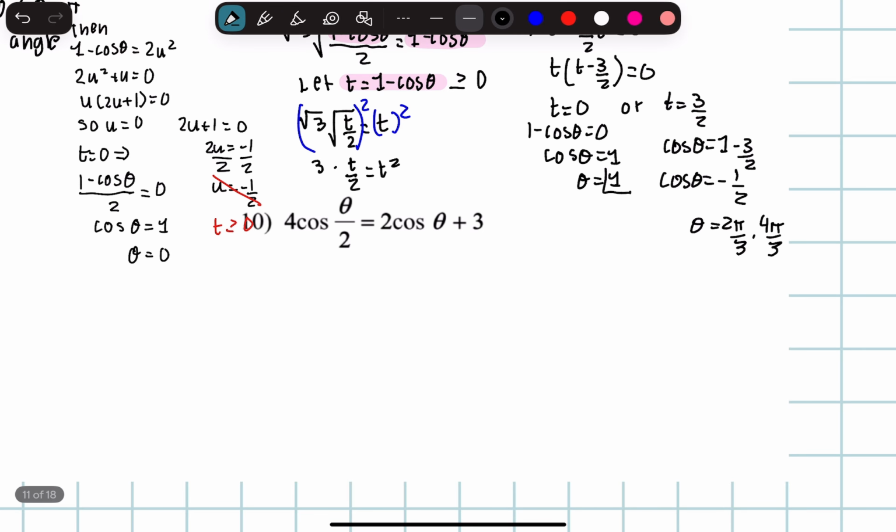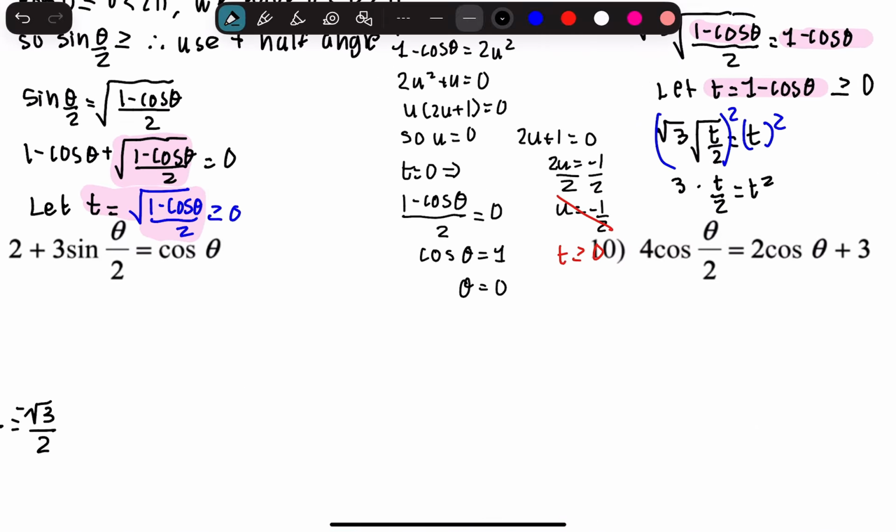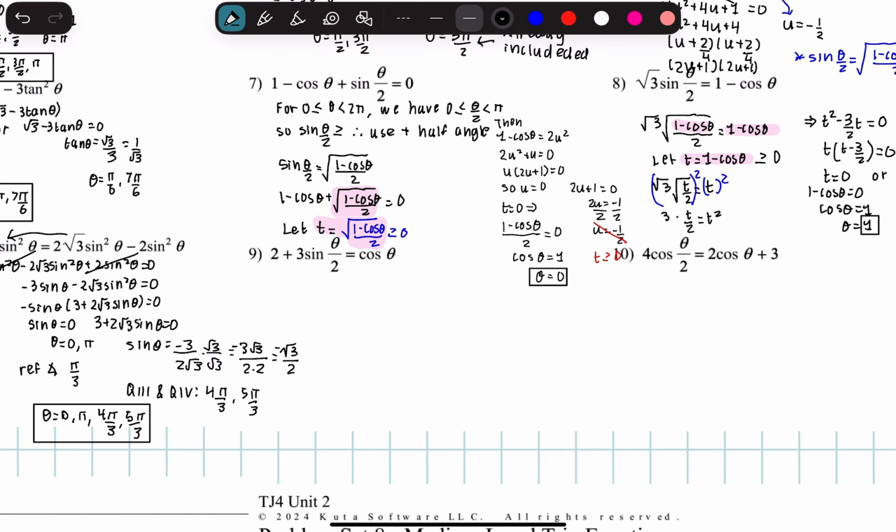So those are going to be your answers, but I'm not going to rewrite it. Those are our 3 solutions. All 3 satisfy the original equation. Up here, our only solution was this for question 7.